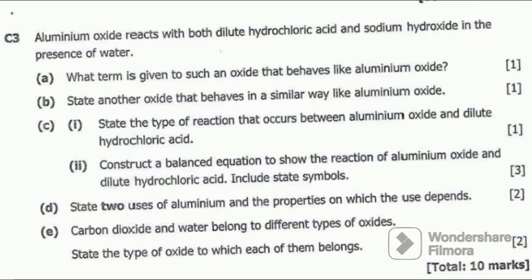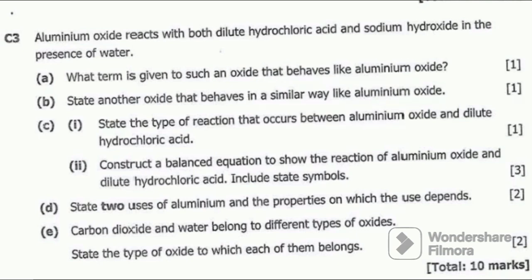So we can proceed to answering our given question. The statement reads: aluminium oxide reacts with both dilute hydrochloric acid and sodium hydroxide in the presence of water.